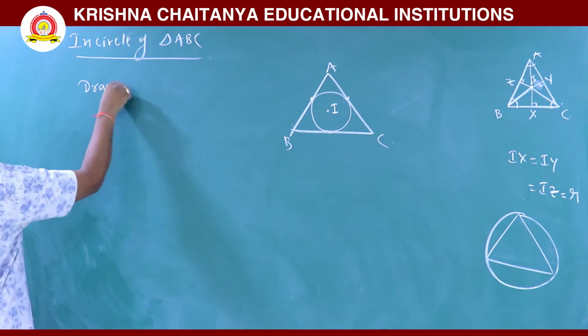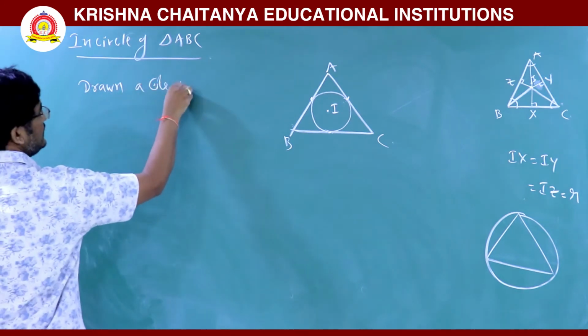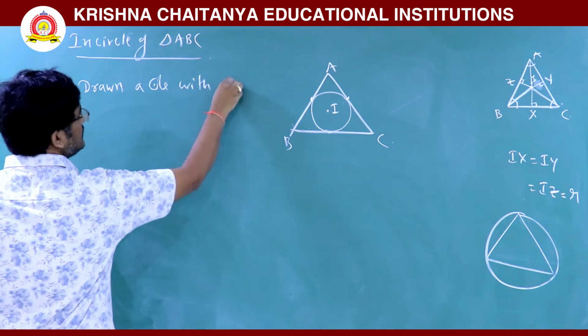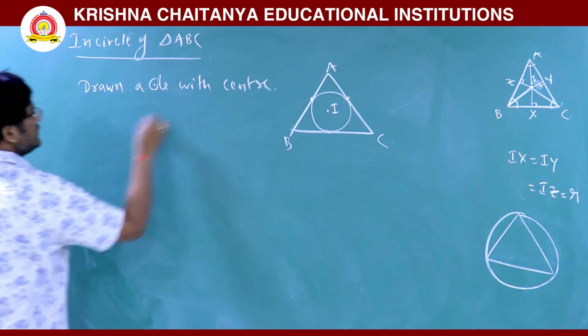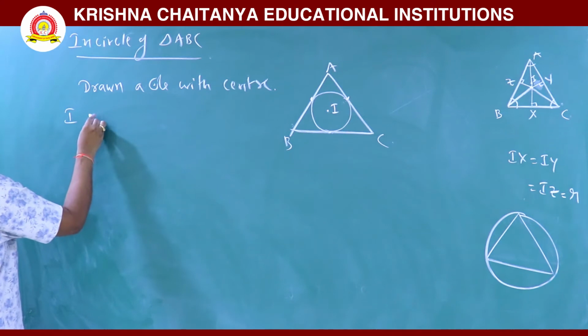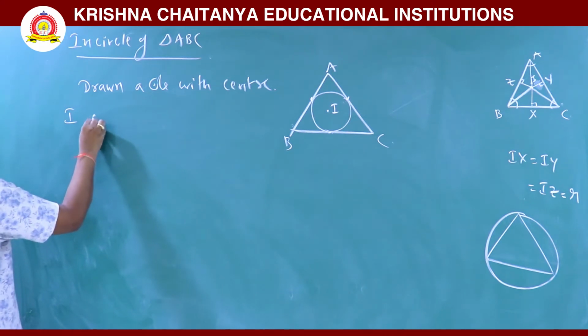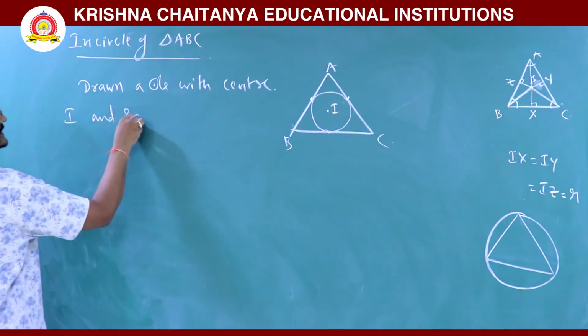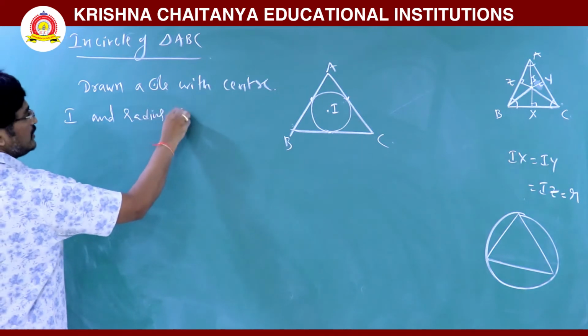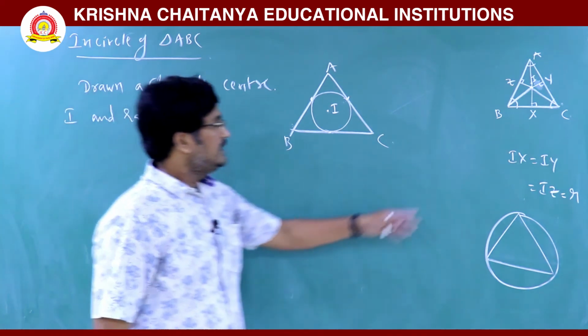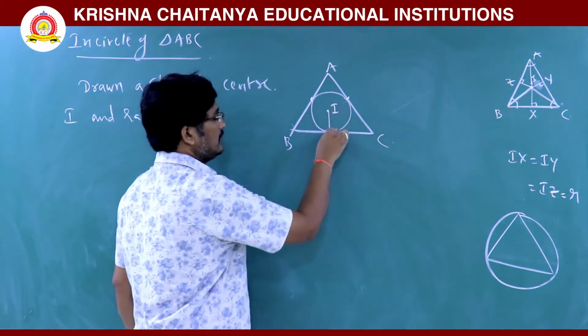Draw a circle with the center I and radius small r. What is r? Ix. This is small r.